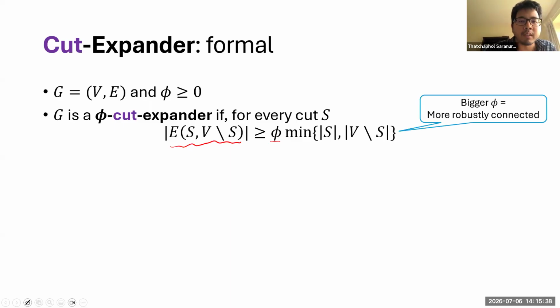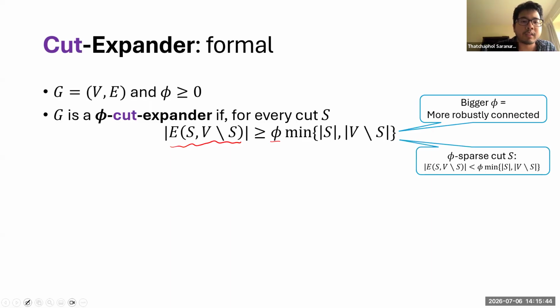So the bigger phi is, the more robustly connected the graph is. And I'm going to say that the cut S is phi sparse if this inequality is false, that is, the number of edges here is less than phi times the size of the smaller side of the cut.